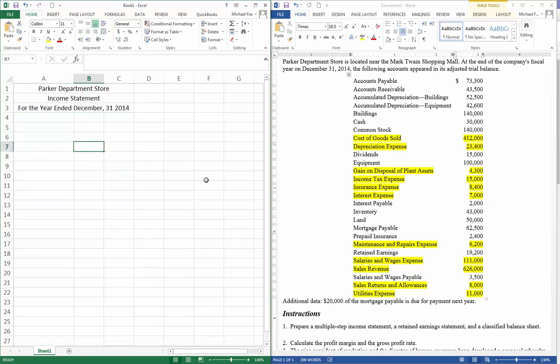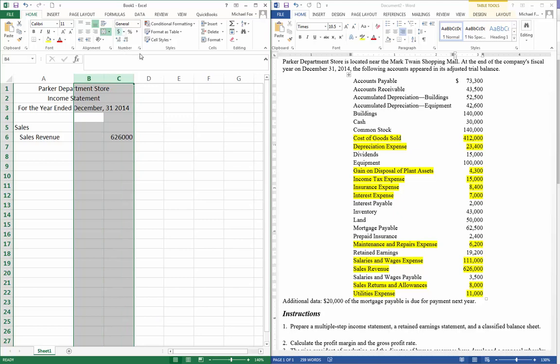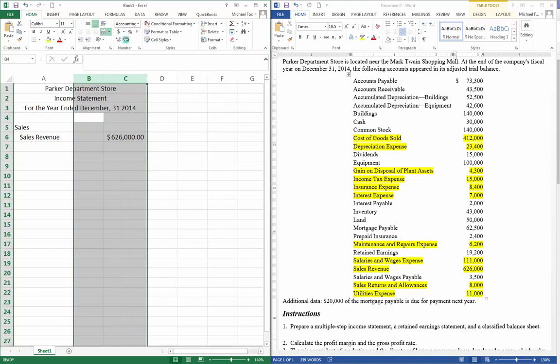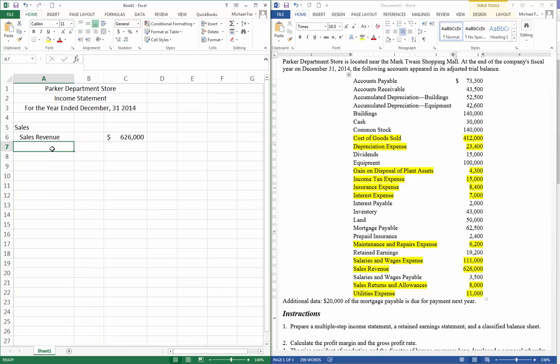All right, so I'll start with my sales. And we'll do sales revenue, which was given to us here as $626,000. We'll go ahead and tell Excel to recognize these two columns as dollars.